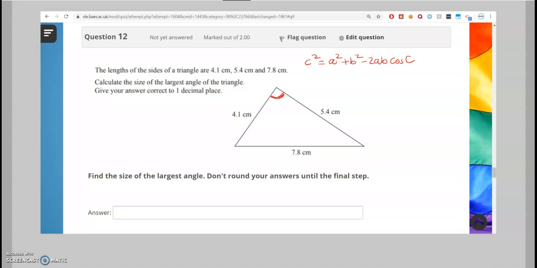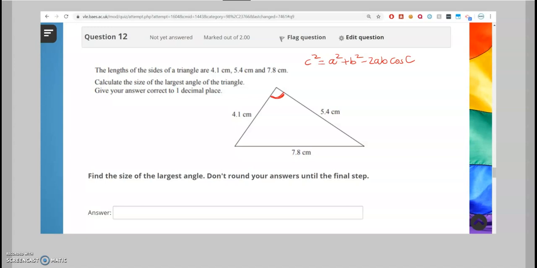We could use the rearranged one ready made, or use the one that we have. So I'm going to just use this one that we have.